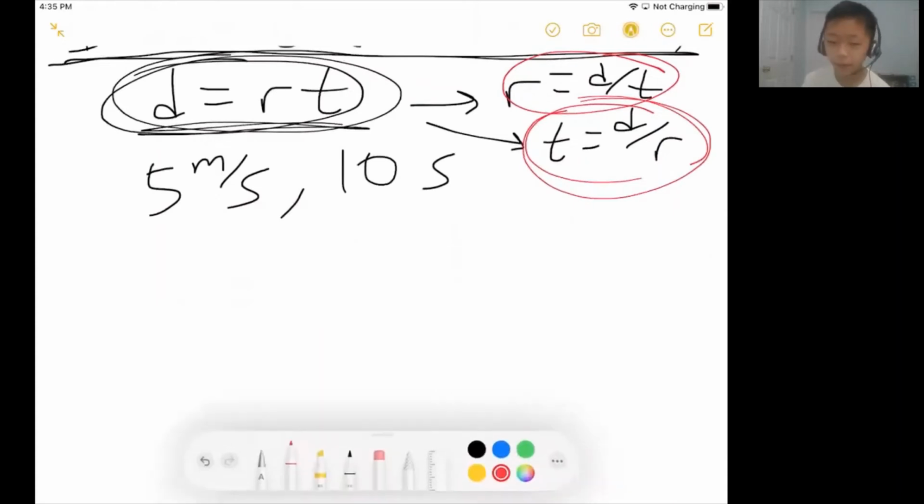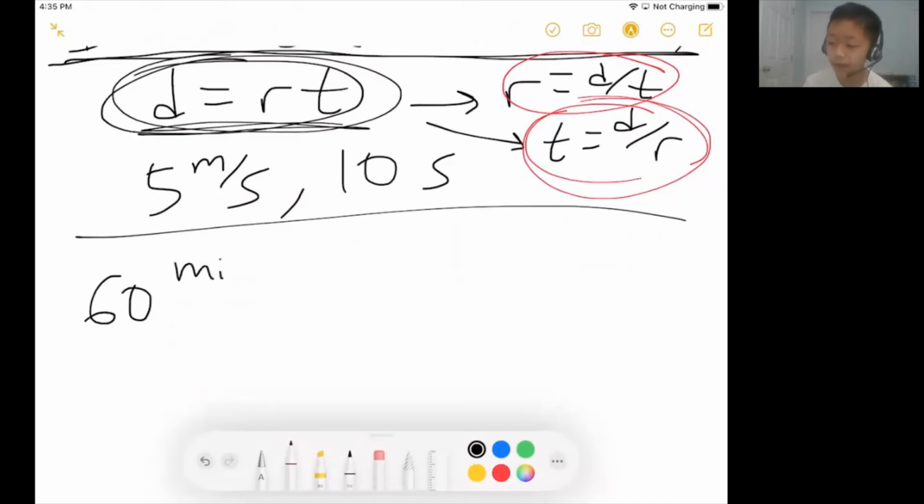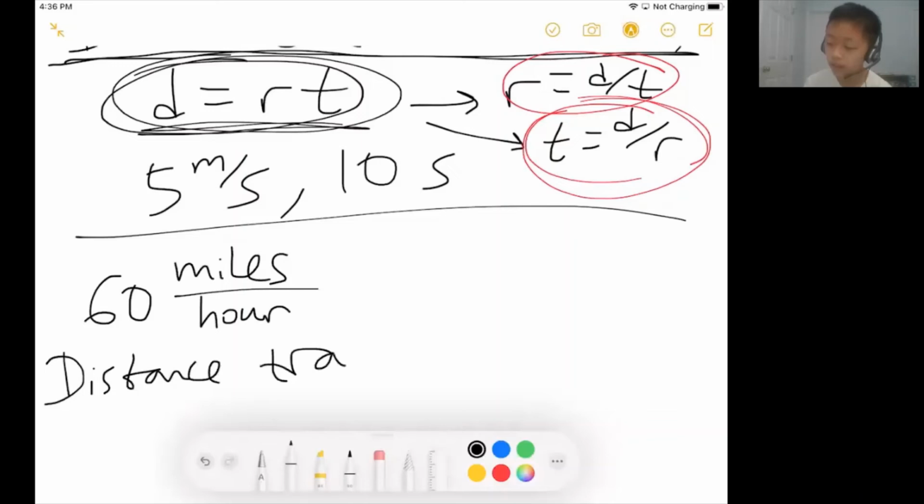For example, let's say you're driving a car, and a car is moving at 60 miles per hour, and you want to know the distance traveled after, let's say, 120 minutes.